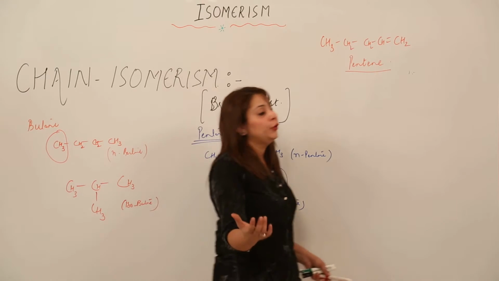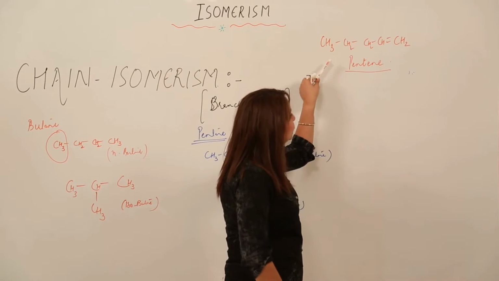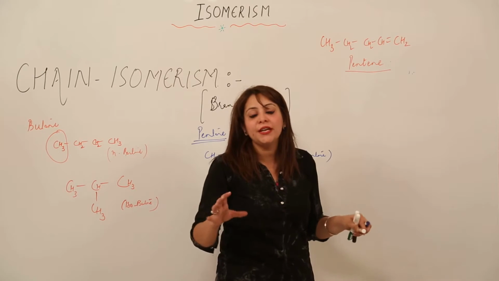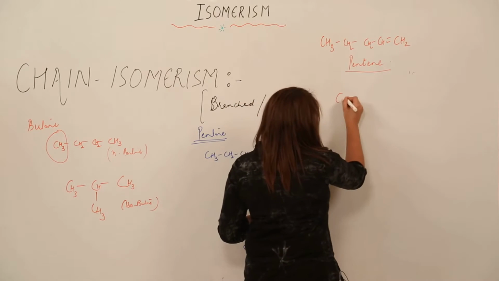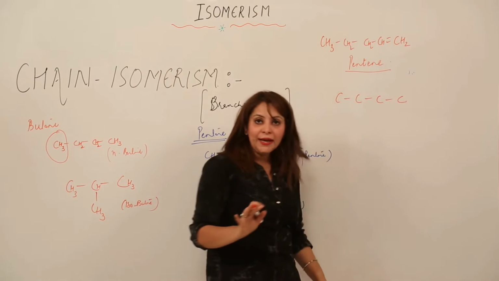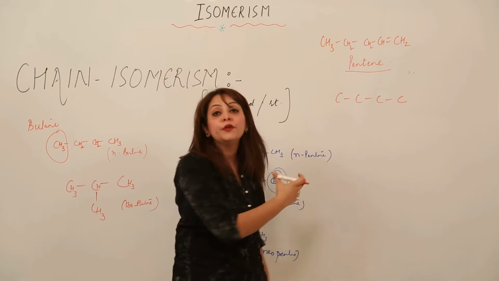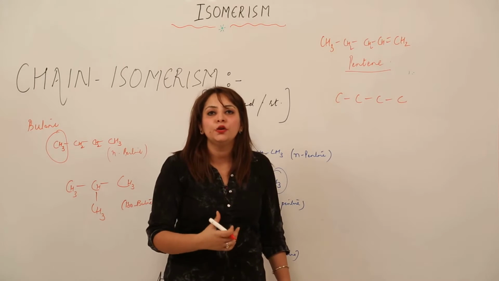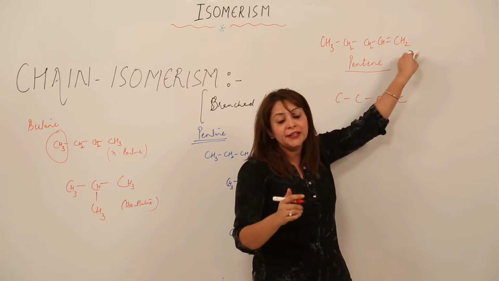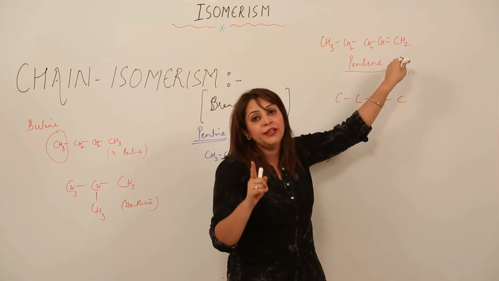So, see how I am going to condense the chain. I am now going to reduce this 5 carbon atom straight chain to a 4 carbon atom straight chain. So, this is what I have. Now, I will be moving that methyl group from the 5th position, because I cannot move this double bond, since we cannot change the position of the functional group.